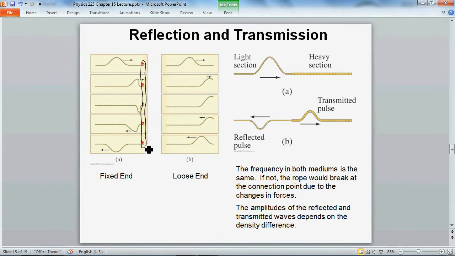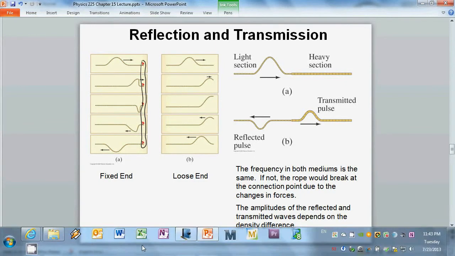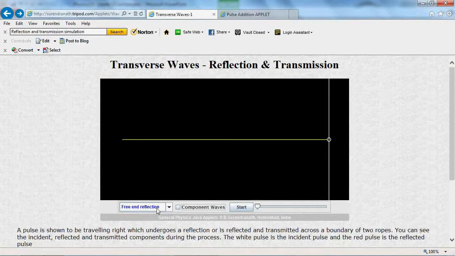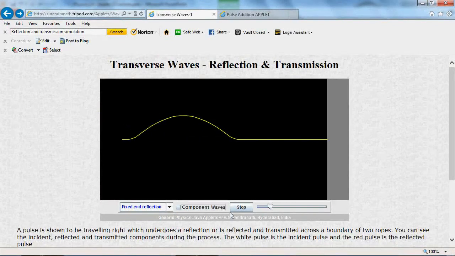This holding of the chord is what causes this flip to occur. Now there we have a demonstration of this with a fixed end, and you notice how it bends and inverts itself on the other side.